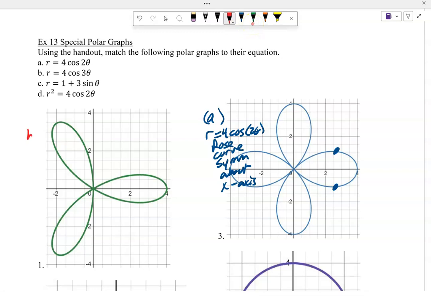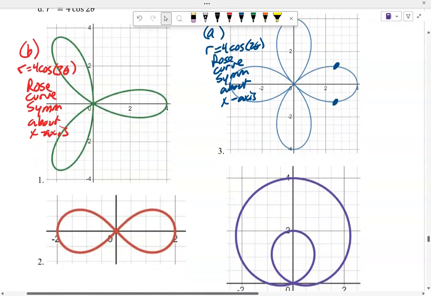So this is a B. R equals 4 cosine 3 theta. So this is a rose curve, symmetric about the x-axis. That's how you're thinking about these, right?